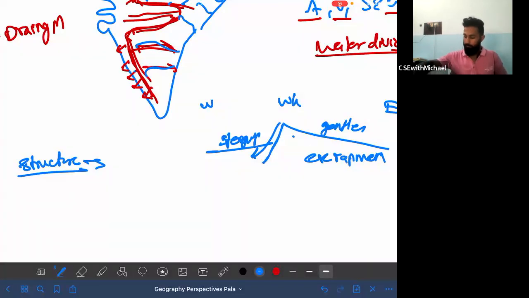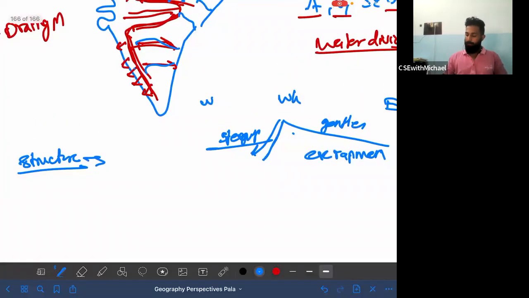Okay, so let me prove it. Generally speaking, when we say structure, what we need to look at is which type of rock it will be. I mentioned before, these are mostly igneous rocks, and in some regions it will have a sedimentary pattern.